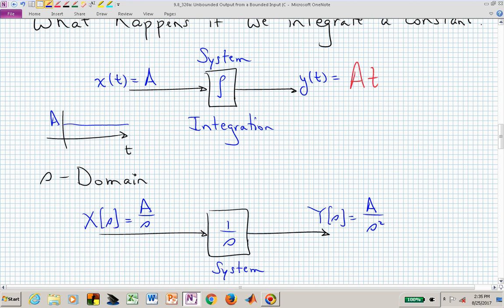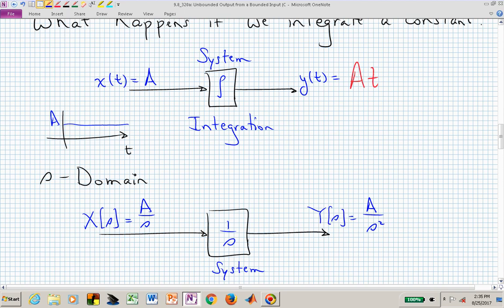To produce the output, we simply multiply the system's transfer function, which in this case is 1 over s, times the Laplace transform of our input, which is A over s. We now have for the output transform expression, capital Y of s, that's now A over s squared.